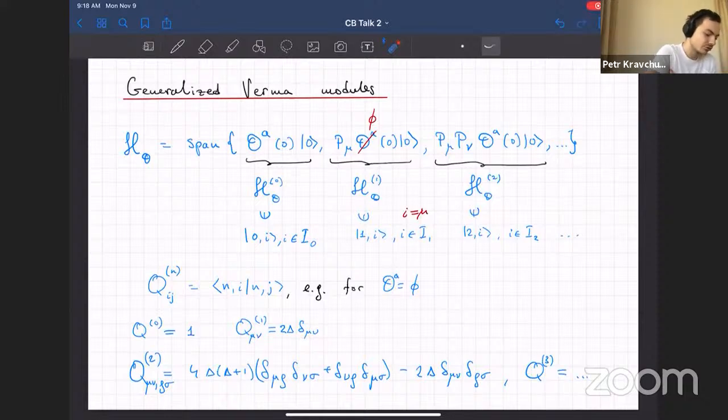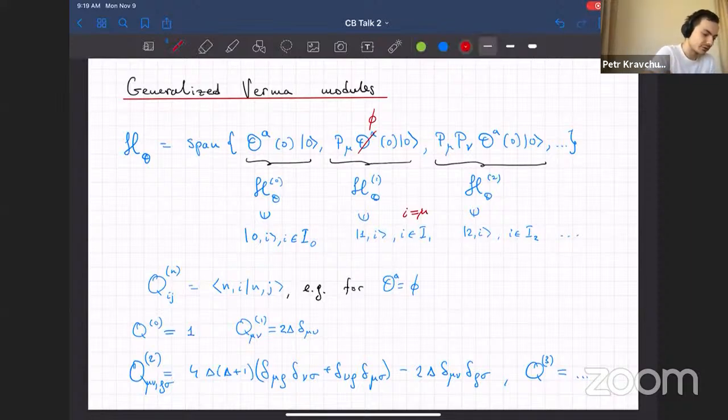So we can completely describe it by the matrix Q_n^{ij}, which is just the matrix of inner products for states at level n. You can go ahead and compute these matrices, and if you do the calculation, you'll find that at each level these matrices are polynomials in delta.